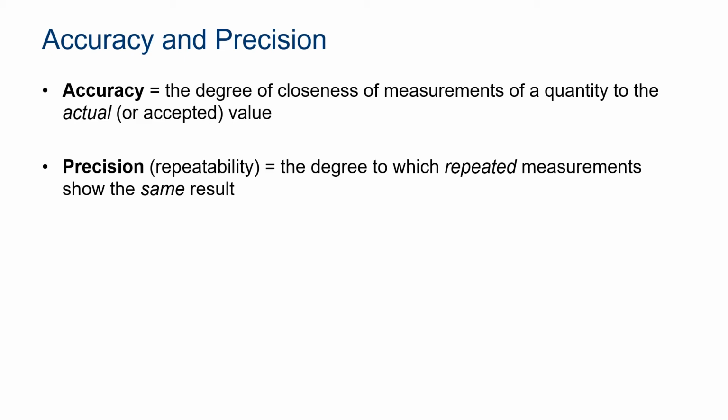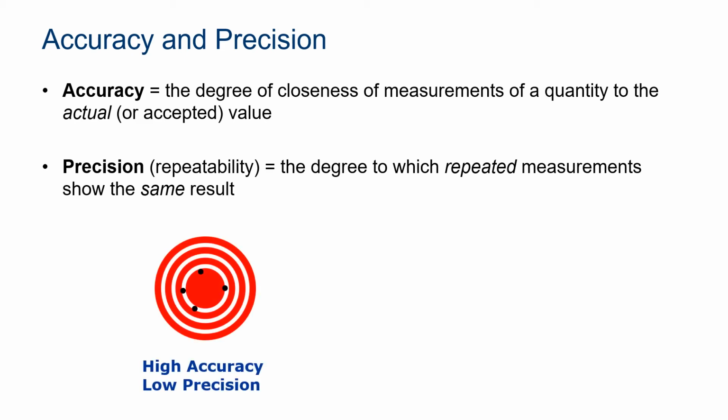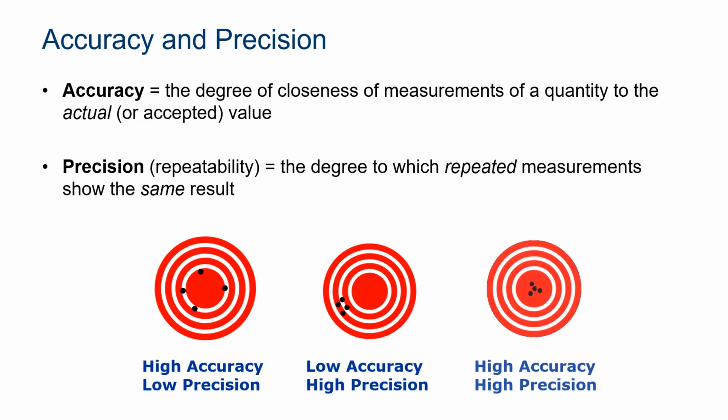A target analogy is sometimes used to differentiate between the two terms. Consider the arrows or dots on the targets to be repeated measurements of a quantity. The first target shows that the arrows or repeated measurements are centered around the center of the target, the actual value. So on the whole, the measurements are fairly close to the actual measurement, making the measuring device accurate. But the repeated measurements are not close to each other, so the precision of the measuring device is low.